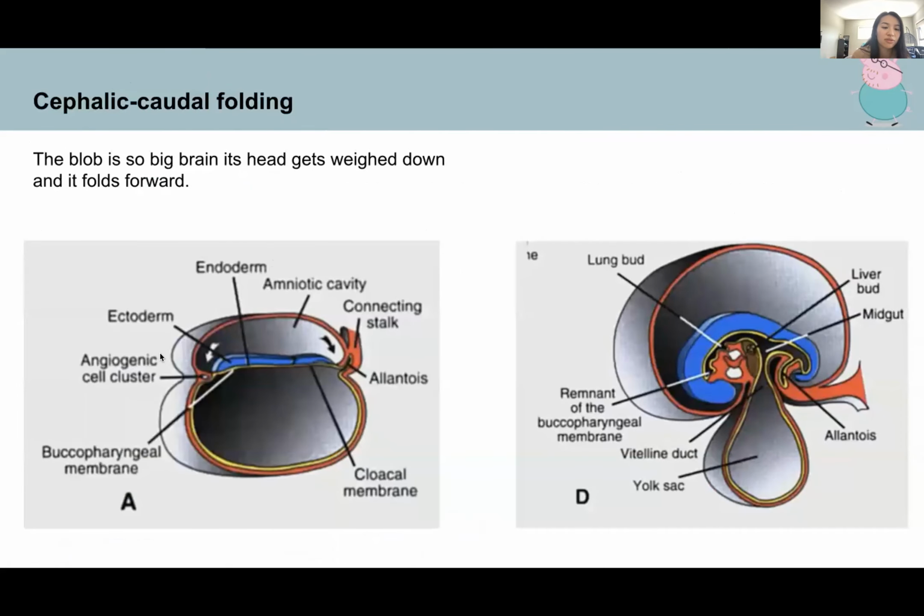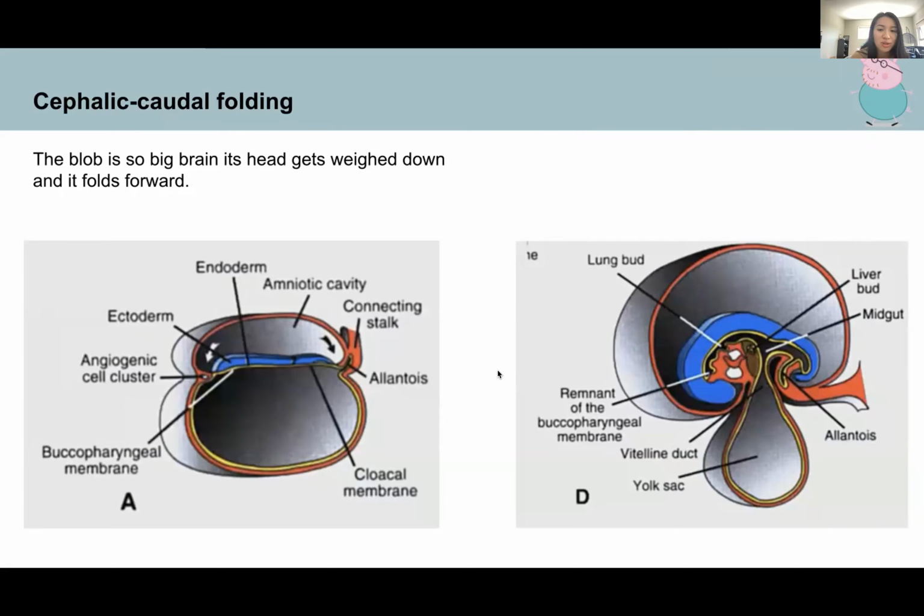This one, a cephalic and caudal folding. Basically, the brain is growing, the brain is heavy, big brain, the head weighs down, and this is the head, for instance. Okay, this is the butt, so it kind of folds down, and the fetus looks more curved and looks more like a jelly bean now.